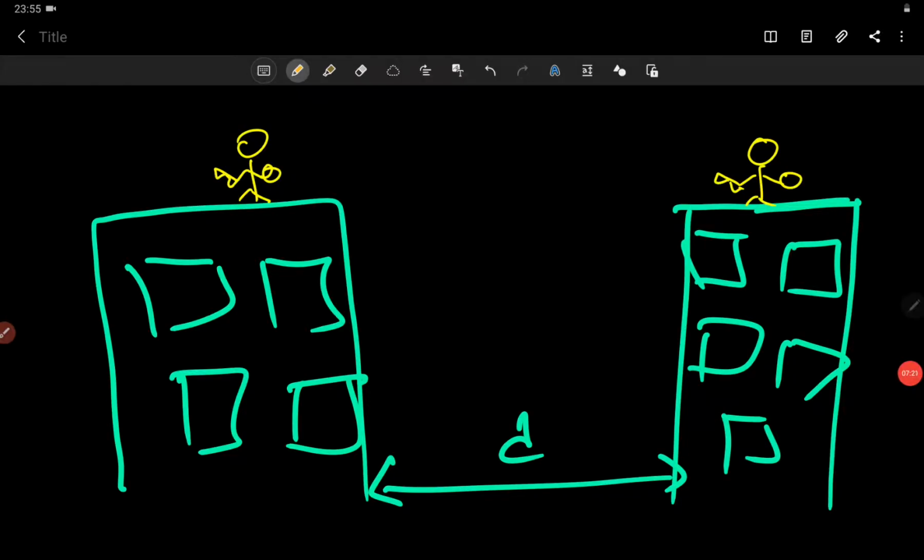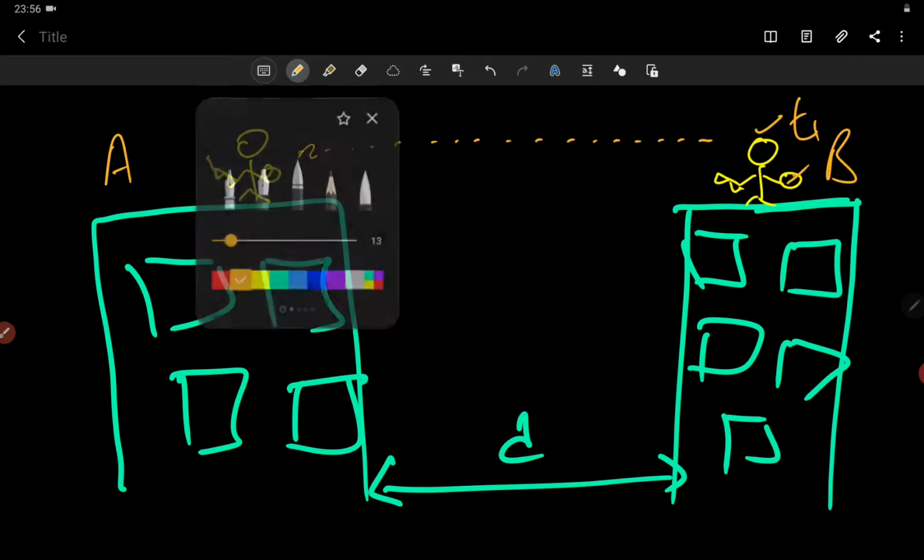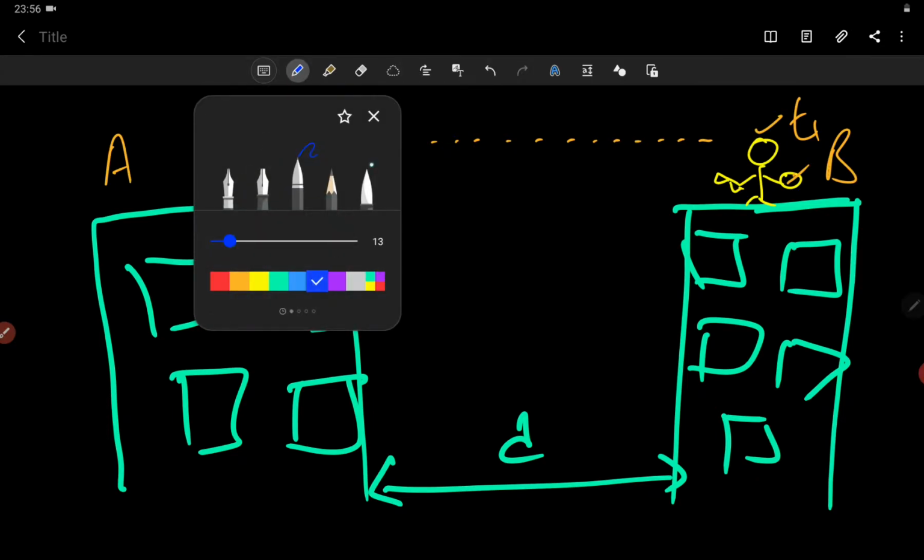So we are back to our image, okay. Let this be observer A and this be observer B. So when the observer A fires the gun, right, he starts the watch. Then after some time when the sound of the gun reaches the observer B, he stops it. Let the time be T1, and now it's observer B's turn to fire the gun.